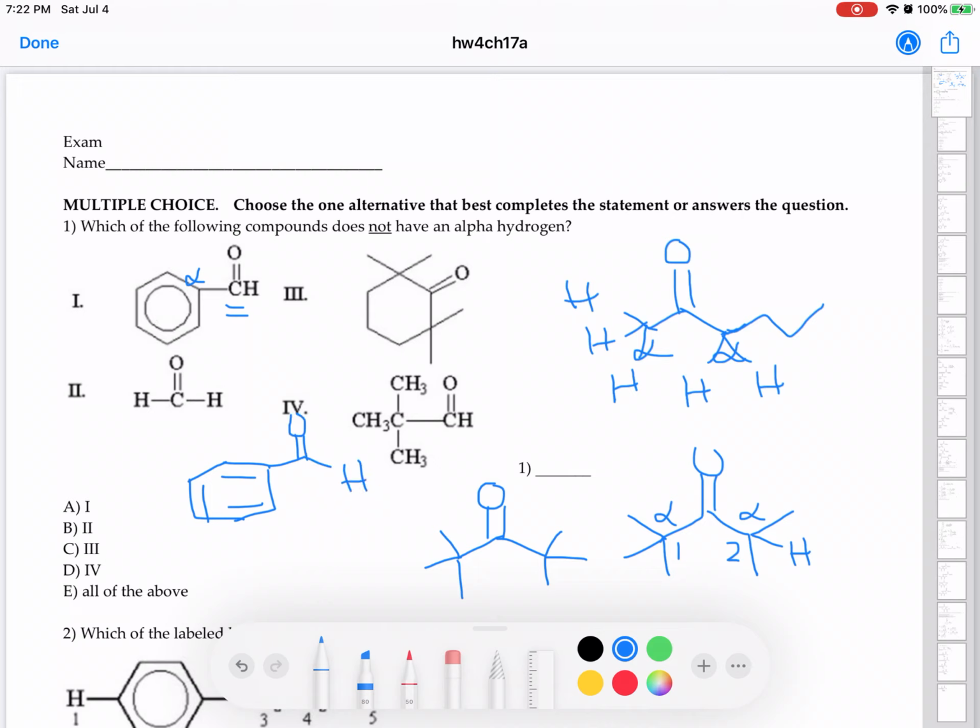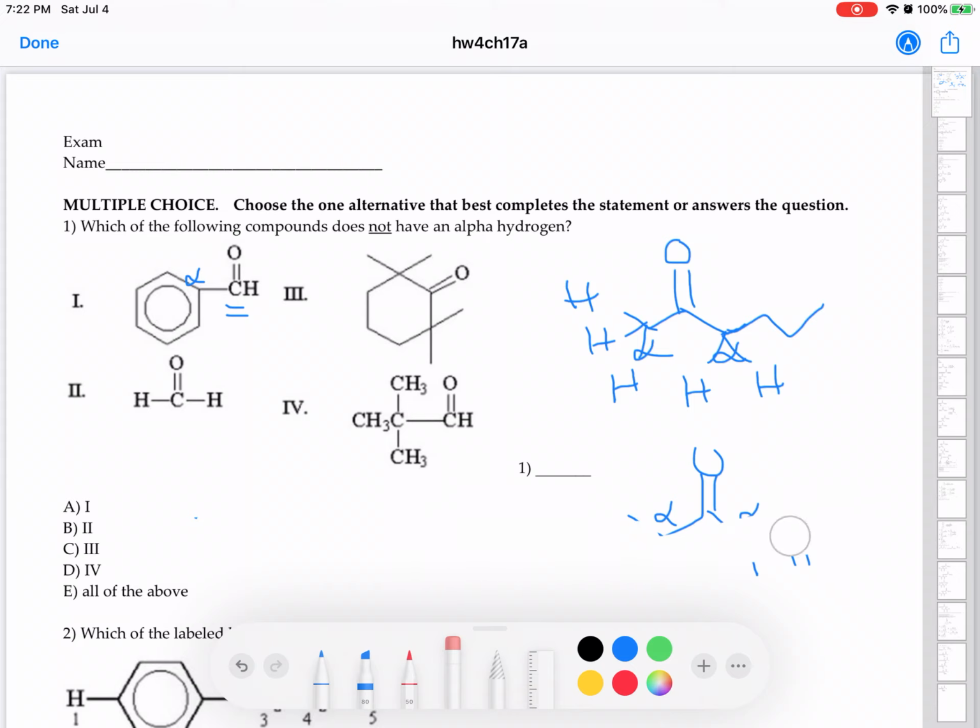Now the alpha carbon, which is this carbon over here, how many bonds are there already? 1, 2, 3, 4. There are 4 bonds already on that carbon. So there are no alpha hydrogens. So for the first compound, there are no alpha hydrogens.